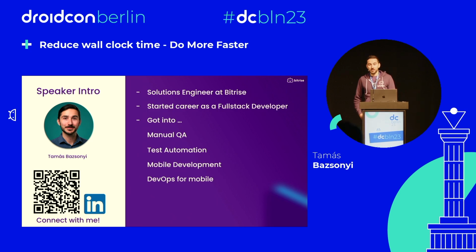After that, I moved over to the solutions engineering team, and this is what I'm doing currently as well. The main purpose of my role is to basically help our clients figure out if really Bitrise is a solution that fits their use case, and if Bitrise really is a long-term solution that they can use to increase their efficiency.